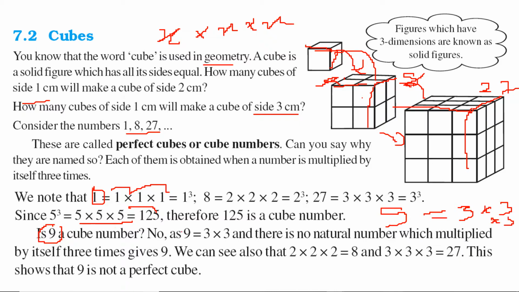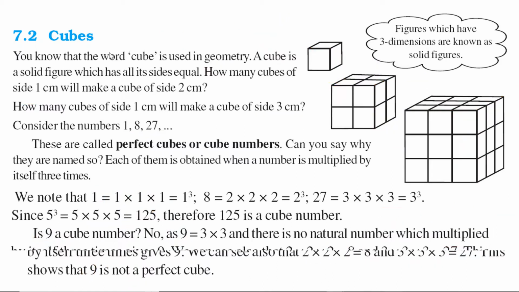So 9 is a perfect square, though, but it is not a cube, right? So there is no natural number which, multiplied 3 times, gives 9. But for 8, if you multiply 2 into 2 into 2, 3 times, you get 8. If you multiply 3 three times, you get 27. So that is how we conclude that 9 is not a perfect cube.